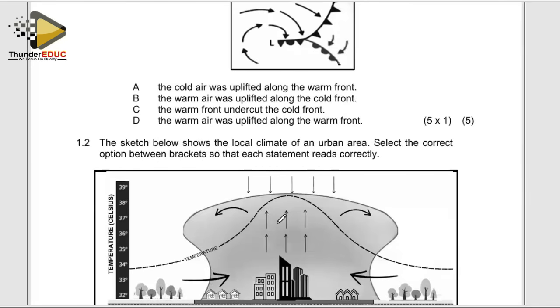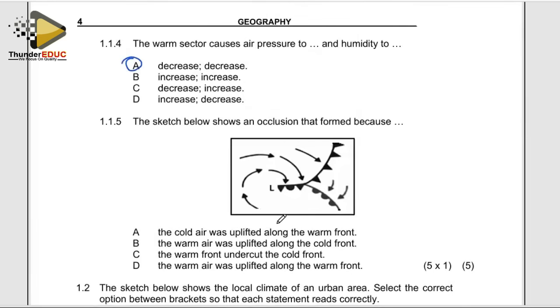Then number 1.15. The sketch below shows an occlusion that formed because. This shows an occlusion. If we see here, this part is a cold front.